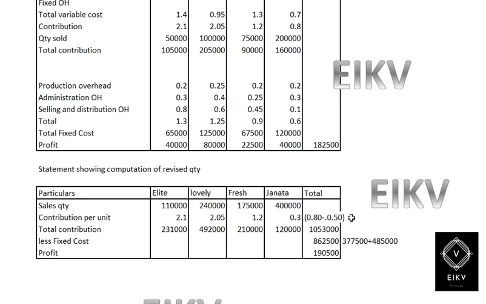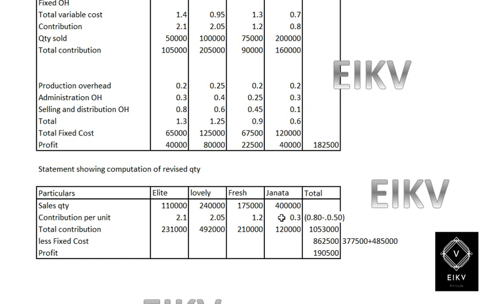Therefore, when we reduce the sale price, the contribution will be reduced by 50 paise. We have the contribution of 80 paise at present level, and when we deduct that 50 paise loss from reducing the selling price of such product, we'll get the contribution of 30 paise.